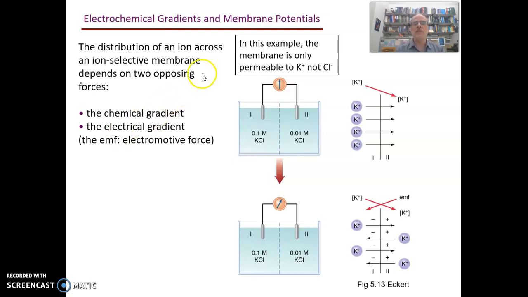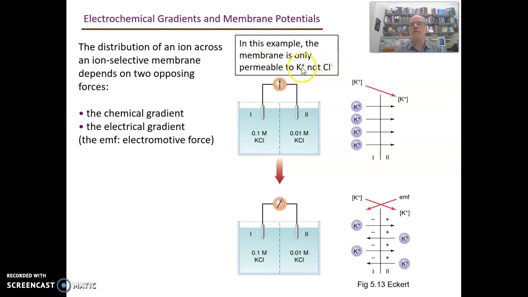In this particular example, we have a beaker, once again, with an ion-selective membrane dividing the beaker into two halves. This membrane is permeable to potassium, but it's not permeable to chloride.